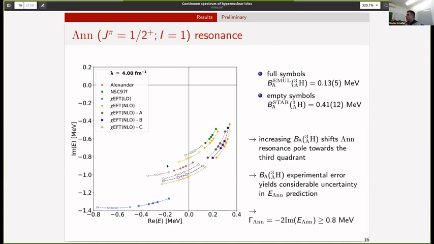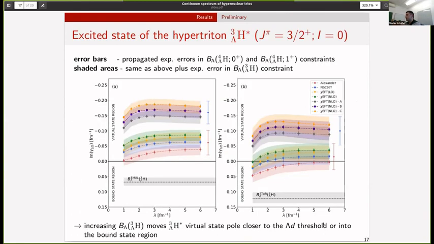So increasing the B_Λ of the hypertriton speaks not in favor of the experimental observation of the ΛNN resonance. Taking all these calculations together, we predict the width of the ΛNN to be larger than or equal to 0.8 MeV.